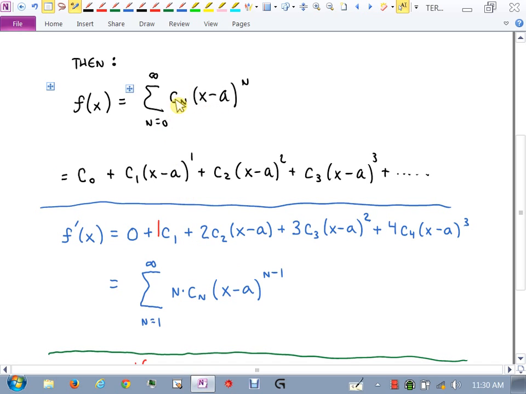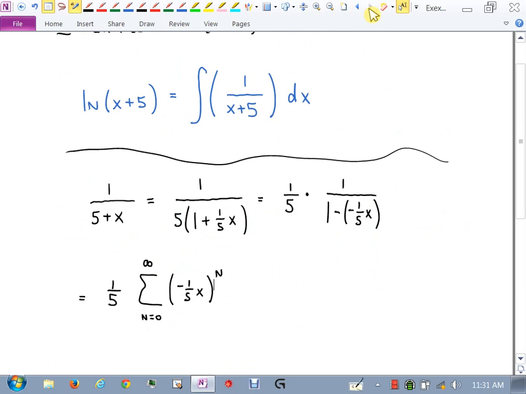So I have to have my c sub n peeled off away from my x to the n. And my question to you is, do I have my c sub n peeled off my x to the n? Not yet. I can do a little more work here. What I can do is this.